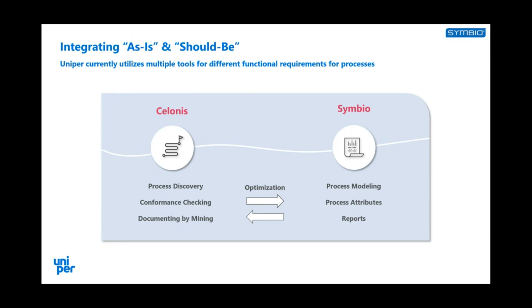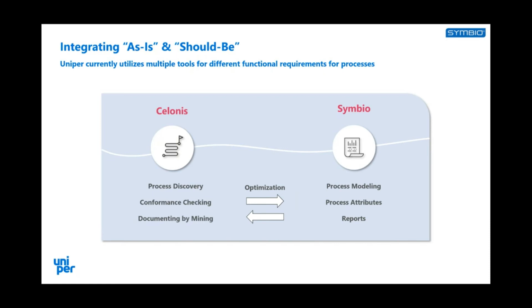With this, we can avoid very time-consuming interviews and workshops to model the conceptual process model that is just in the minds of people. So we take advantage of data, we mine the basic model, and then we can complete that model afterwards.